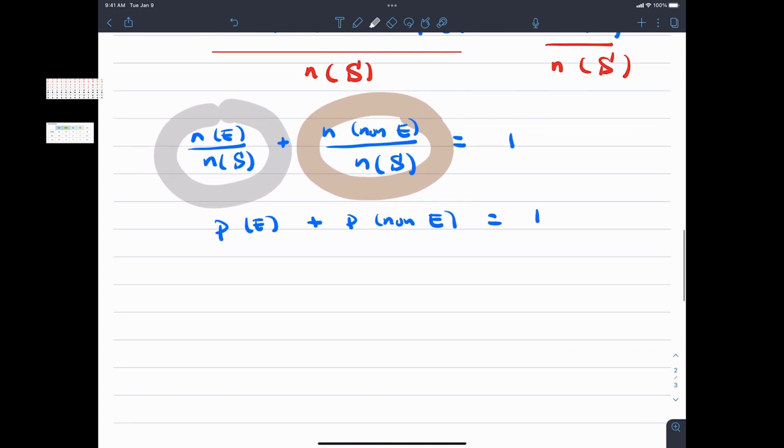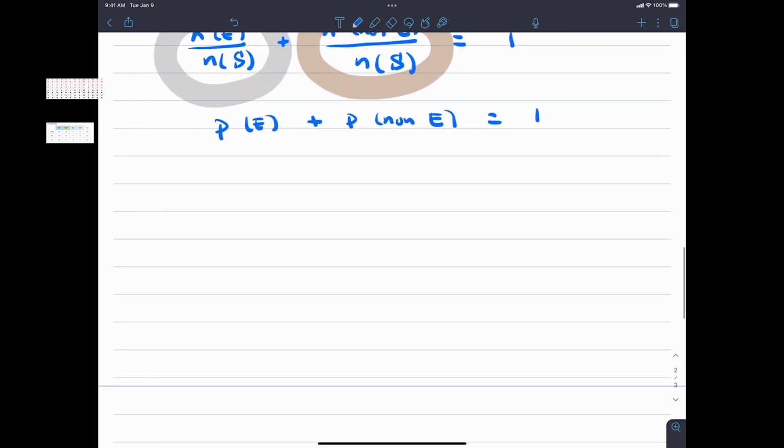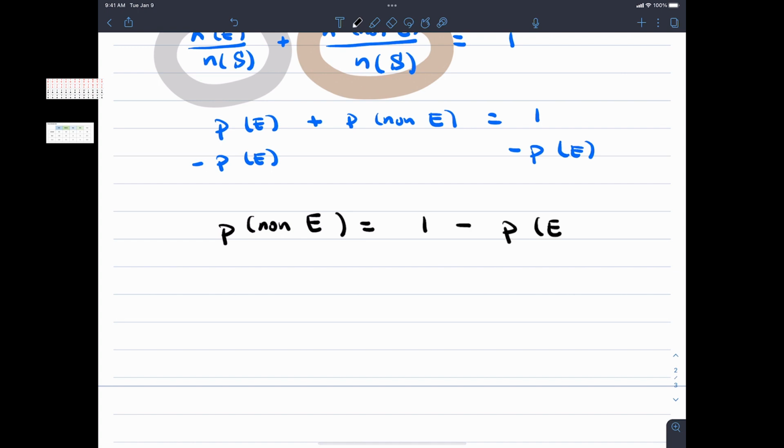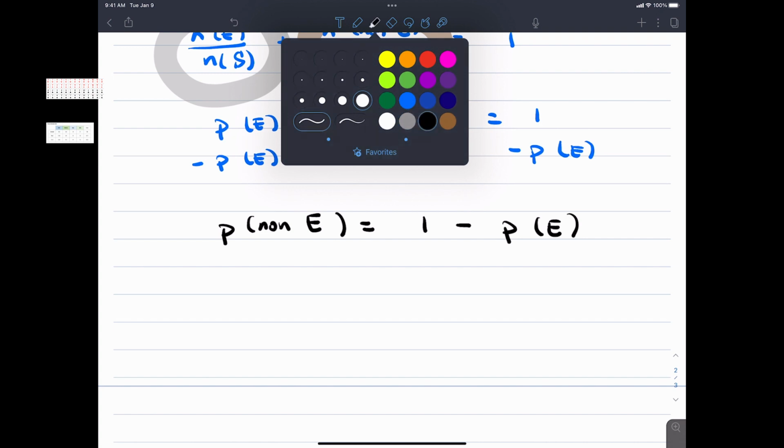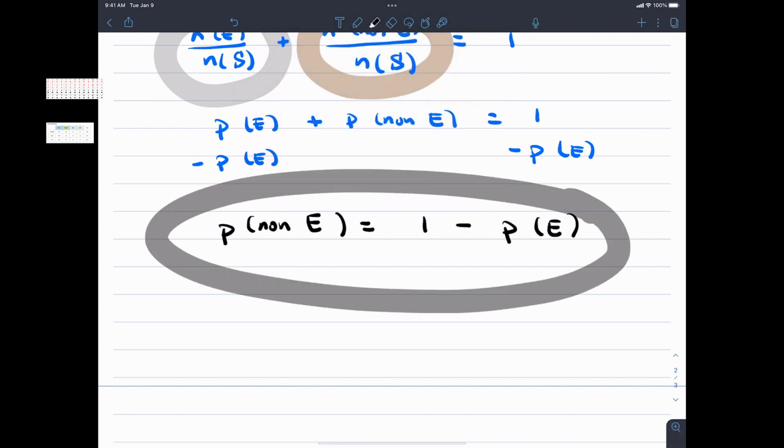This is why you care about events and their complements. Now, I want you to know you have equivalent versions. In other words, if I take this rule and subtract P of E from both sides, this gives me an equivalent form, meaning the probability of the complement of E is 1 minus the probability of E. This is actually what you'll use.